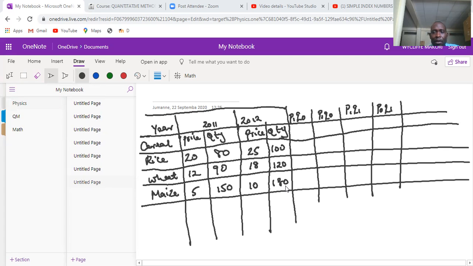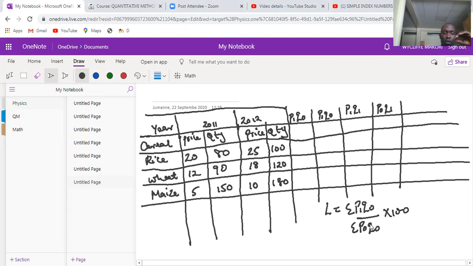Those formulas are given in your notes, but now, how do we apply them in calculating the index numbers? For example, the Laspeyres method is calculated by the summation of P1 Q0 over the summation of P0 Q0 times 100. Therefore, we need to get these values so that we can apply.